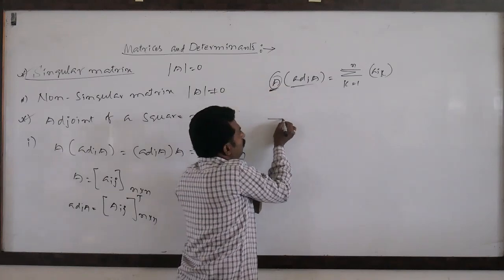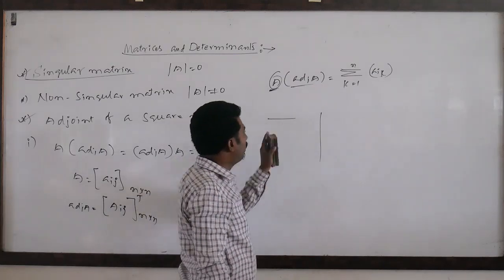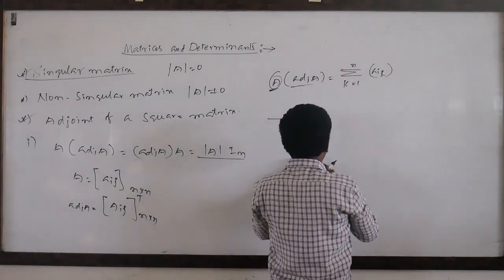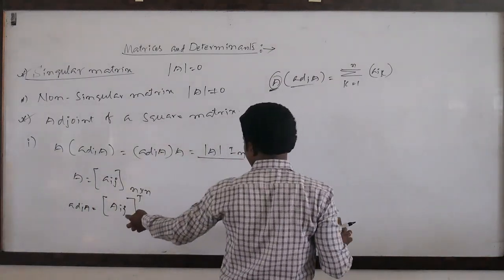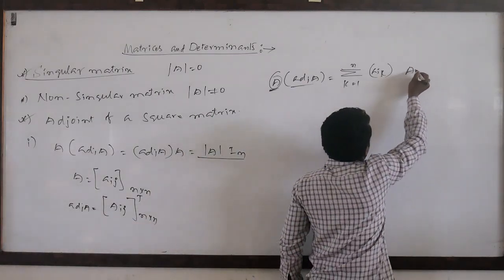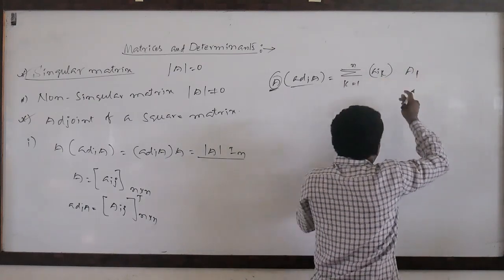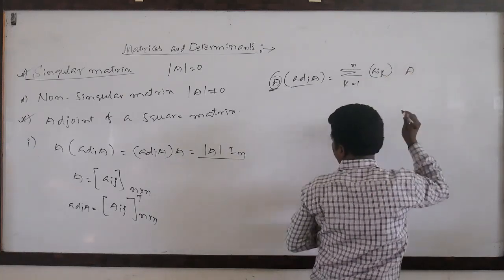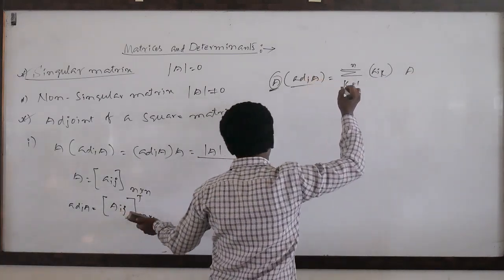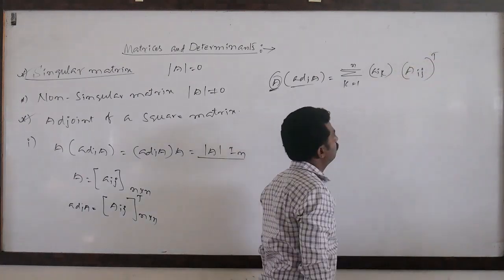If you observe the adjoint of A, its elements are the cofactor matrix, whole transpose. Here the number of columns equals the number of rows.